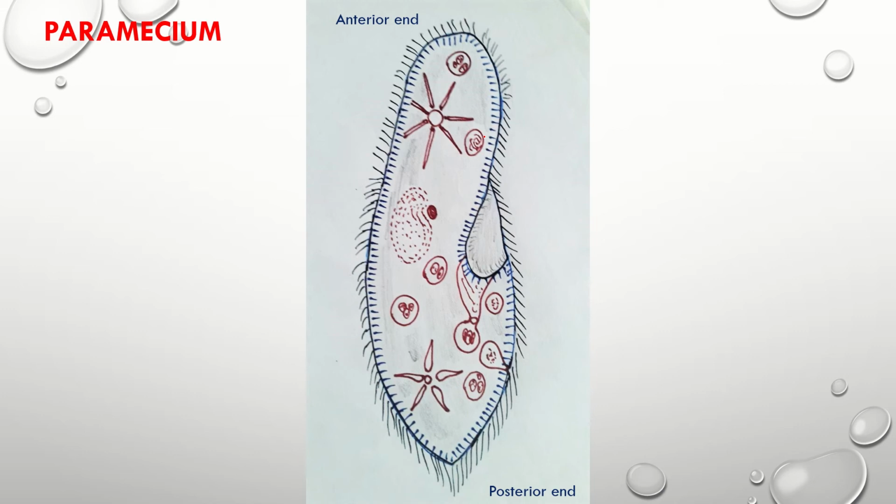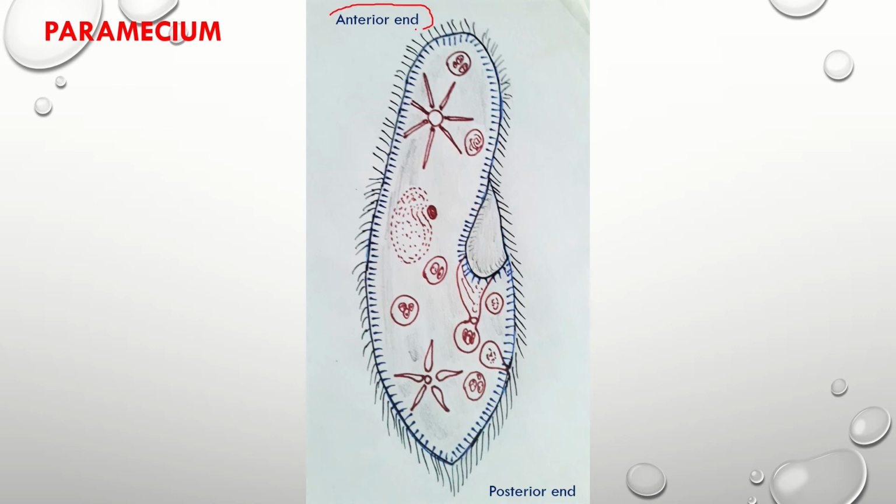This organism is described as slipper shaped due to its structure, having a spindle shaped body. The body is elongated and rounded at the anterior end.